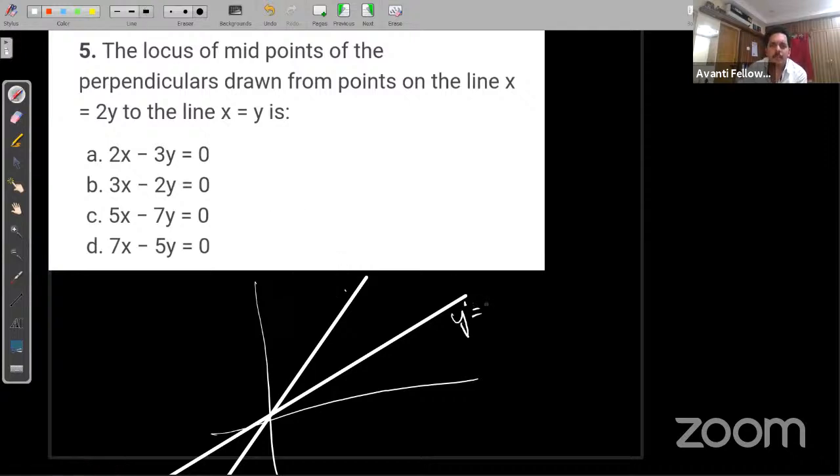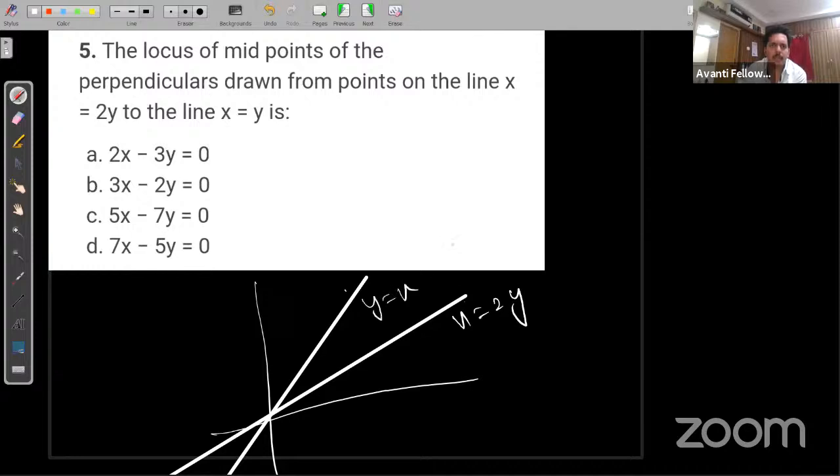So y is equal to x by 2. Write it as x is equal to 2y, and the other one is y is equal to x.